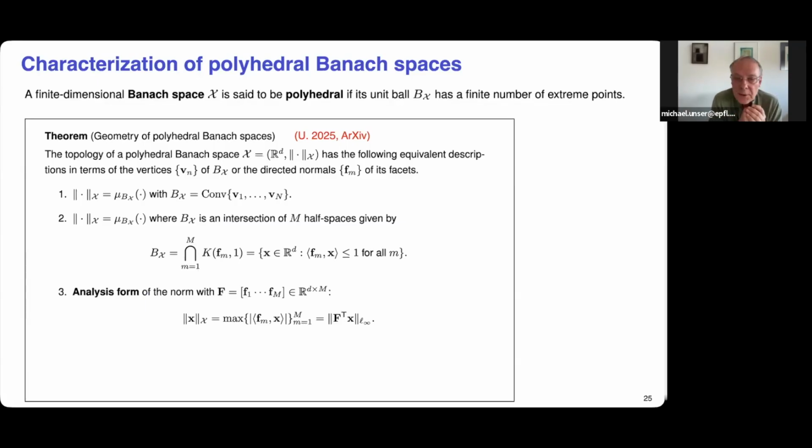Now it gets more interesting. This is a bit abstract, but if we want to relate that to signal processing, if you knew the normals of the supporting hyperplanes, those are F, so those are vectors, then you can express this norm as an L infinity norm of some operator that's applied to X. That would be like a regularization operator.